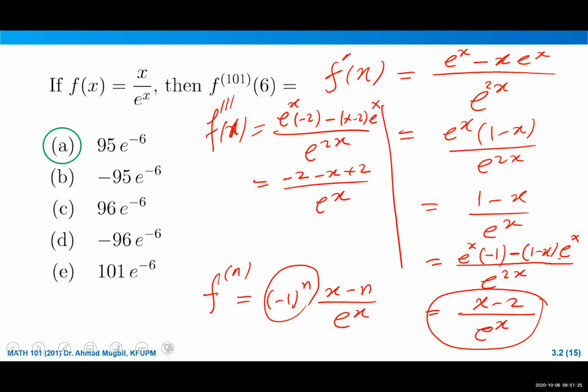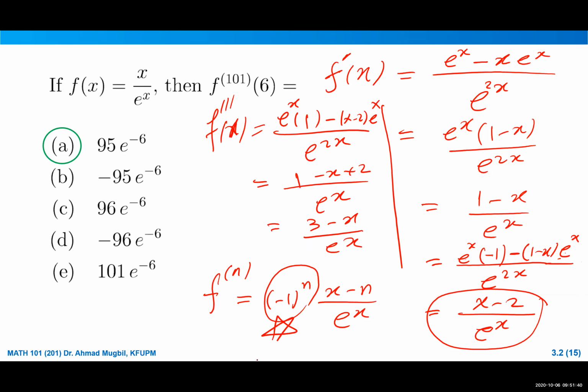The first term, it's e to the x times 1. Yes, this is 1, and it will be 3 minus x. And because of that, we will need this.